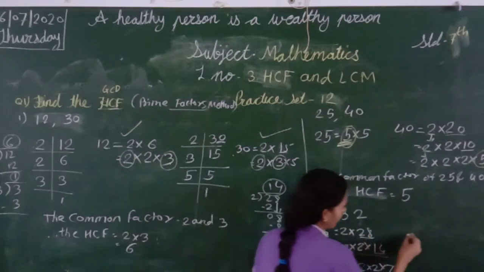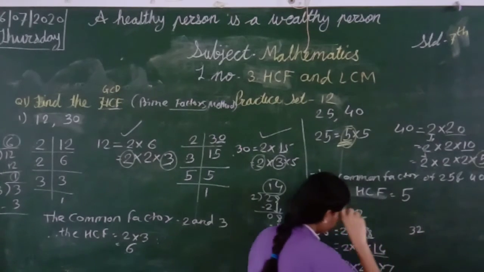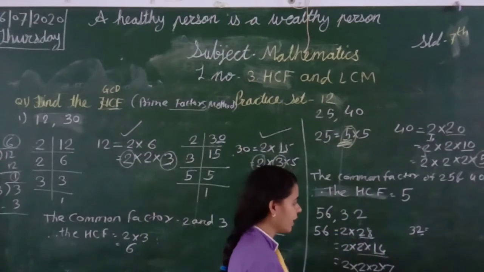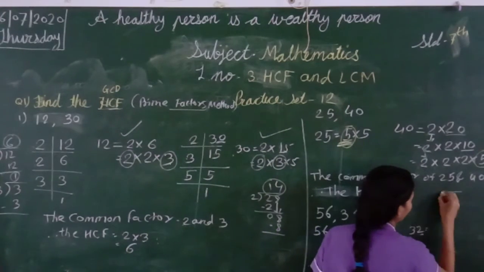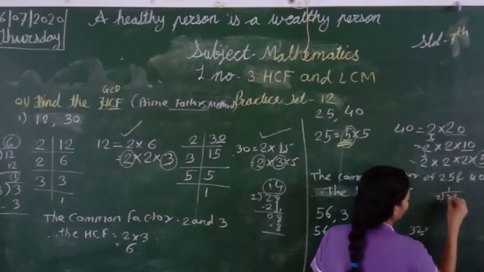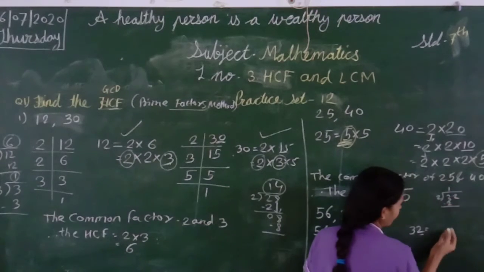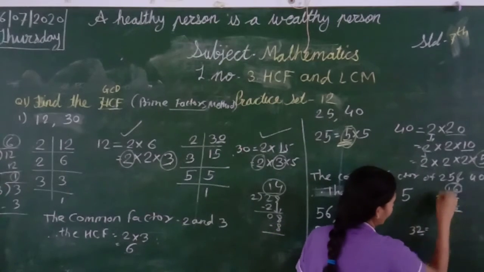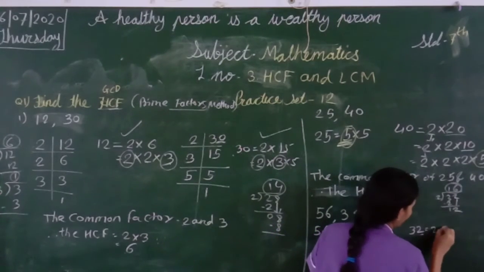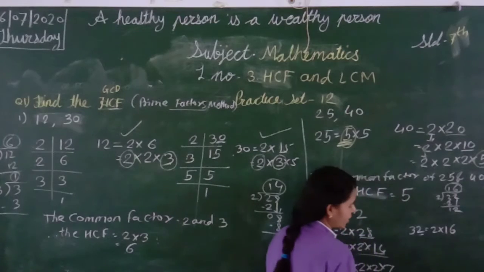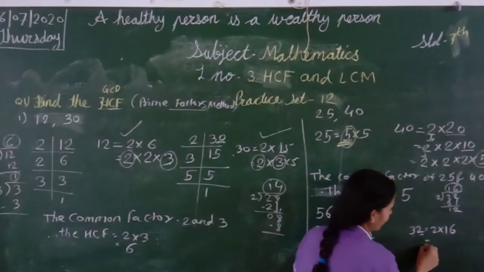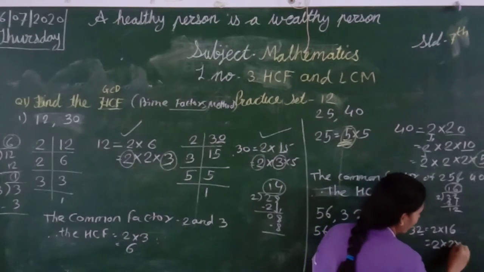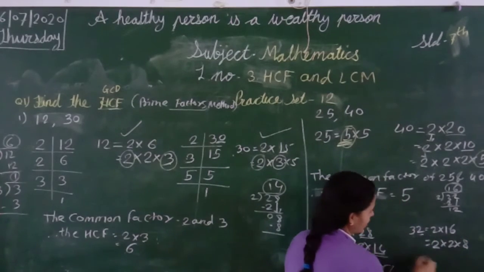Take up the factors of 32. Here also unit place 2 means we will divide it by 2. 2 1s are 2, 3 minus 2, 1, this 2 will come downside. So 2 6s are 12 means 16. 2 into 16 is 32. 2 8s are 16.